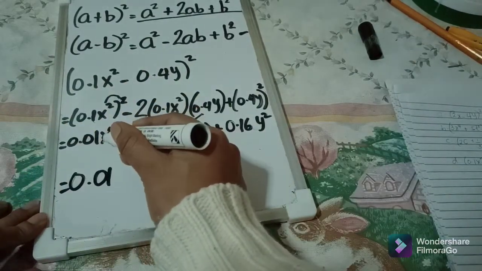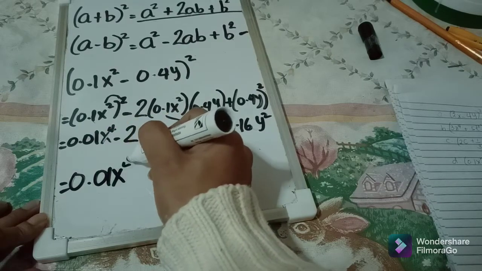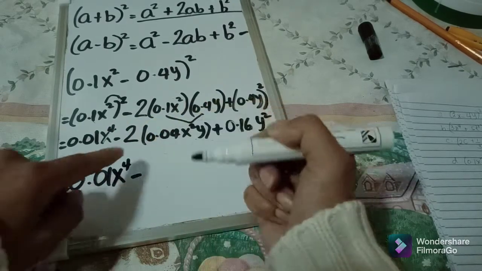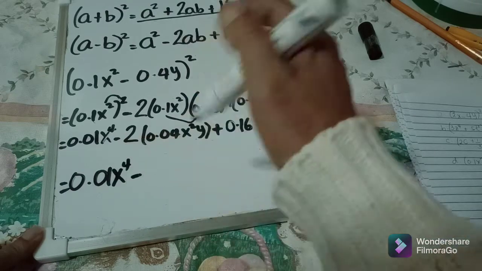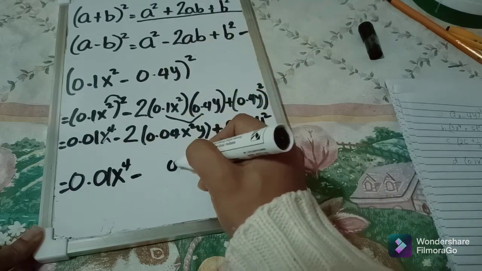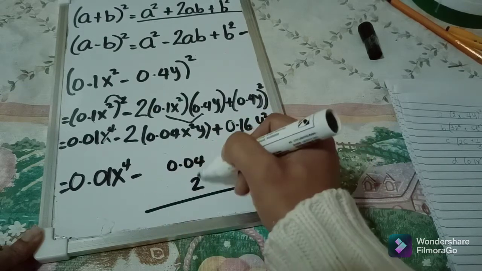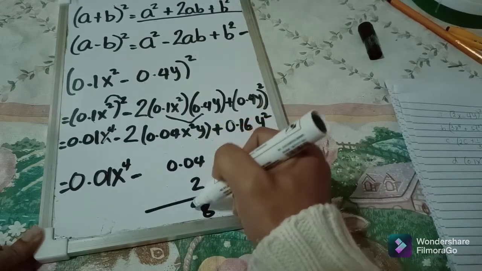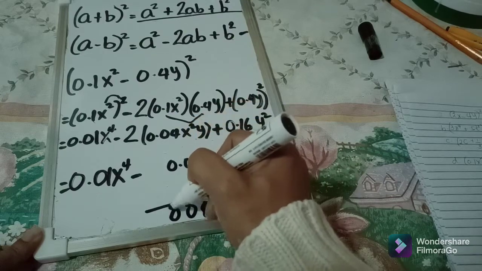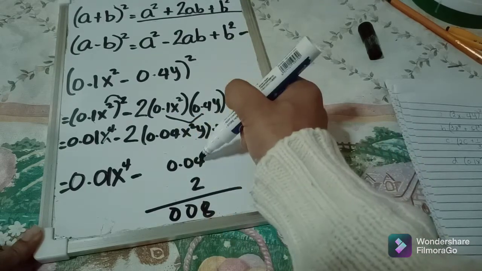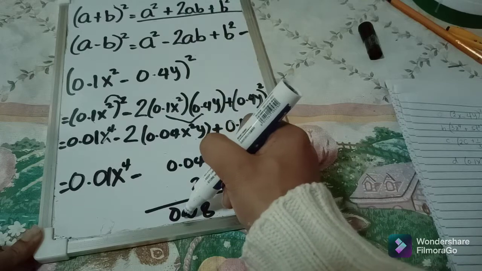0.01 x to the 4th power minus, i-multiply natin ito. No? So, that's gonna be 0.04 times 2. 8, 0, 0. Ilan ang decimal number? 1, 2, 1, 2.